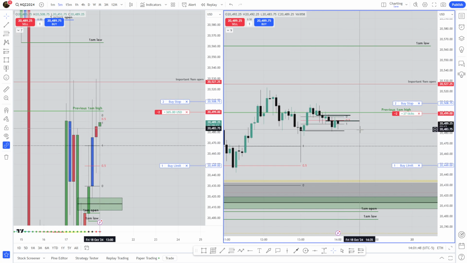Again, we want to see price close below here. This is the start of this range, so we want to see price close below this range to signify lower prices. And if we get displacement through the lower part of this range, that would be ideal.